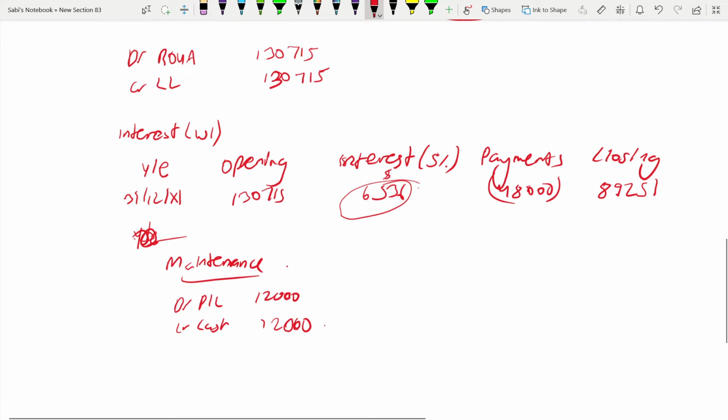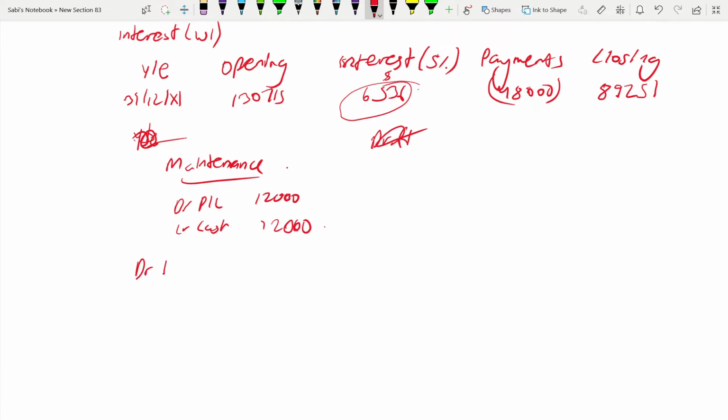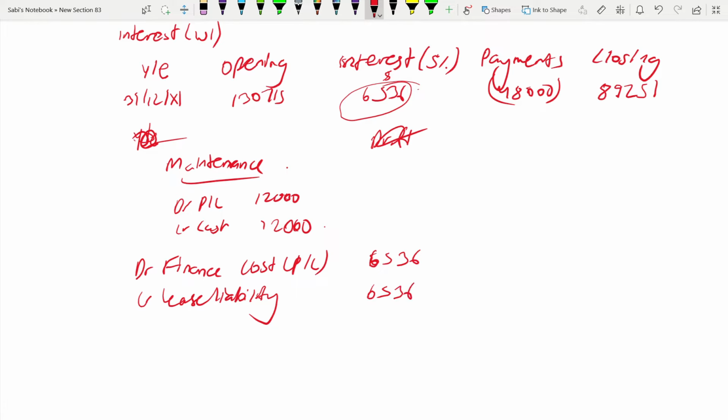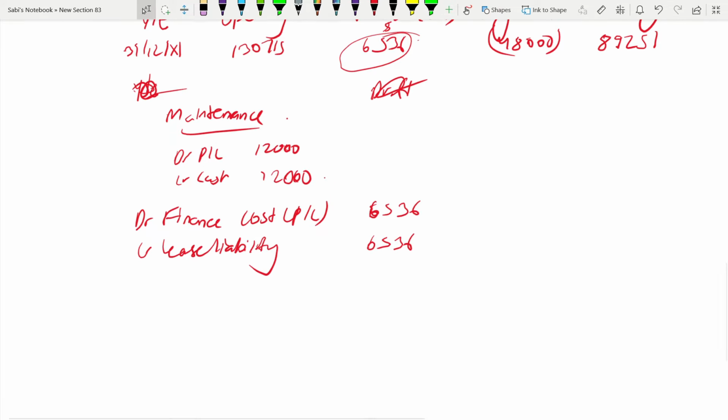So you debit finance cost, which goes in the P&L, and you credit lease liability 6,536. And then cash payment reduces your liability. So you debit lease liability and you credit cash 48,000.